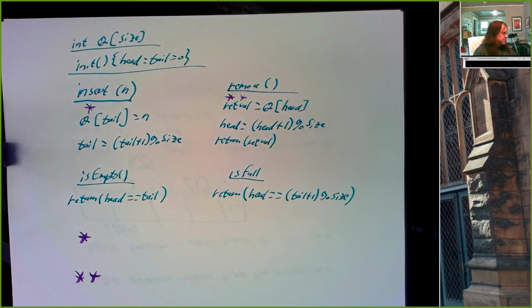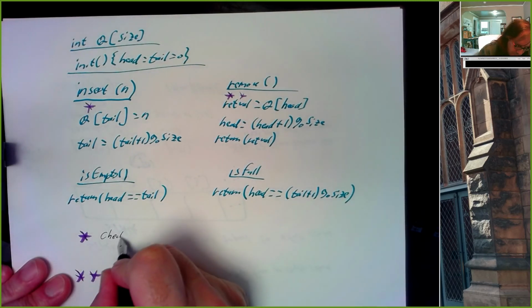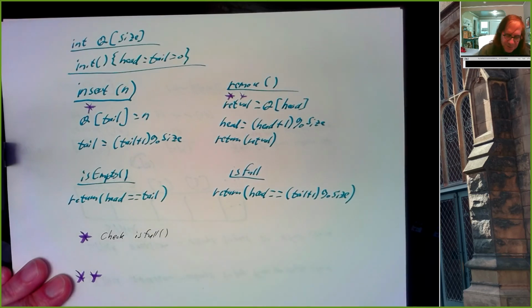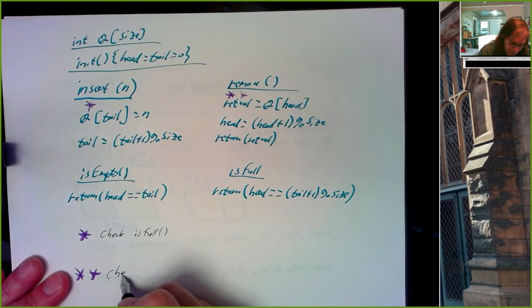And then the two details in our insert function: before we insert, check to see if our queue is full. And in our remove function, before we remove, check to see if the queue is empty.